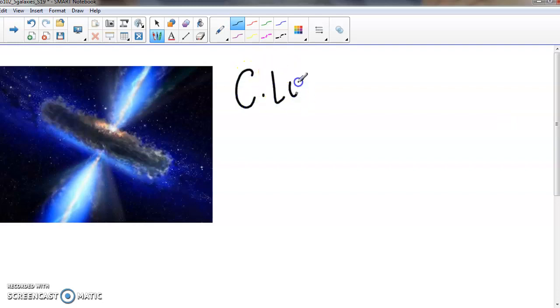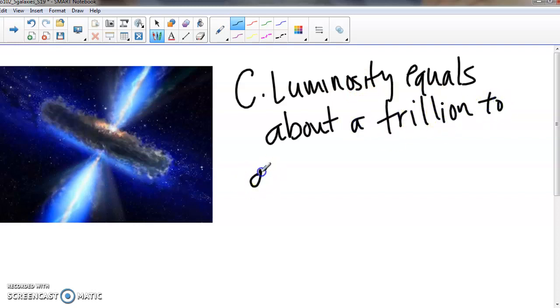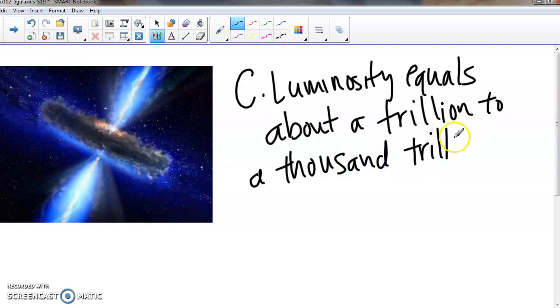So the luminosity, the amount of energy that it puts out, equals about, are you ready for this? 1,000,000,000,000 to 1,000 trillion. I don't even know what the number word is for 1,000 trillion. Quadrillion or something? 1,000 trillion suns.